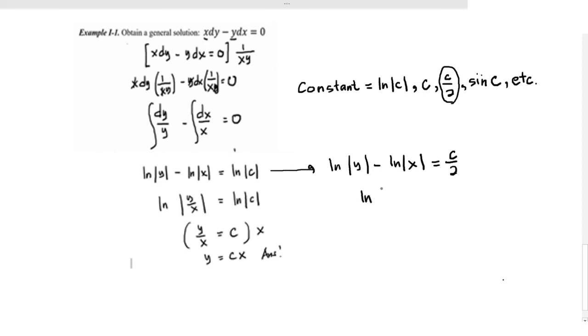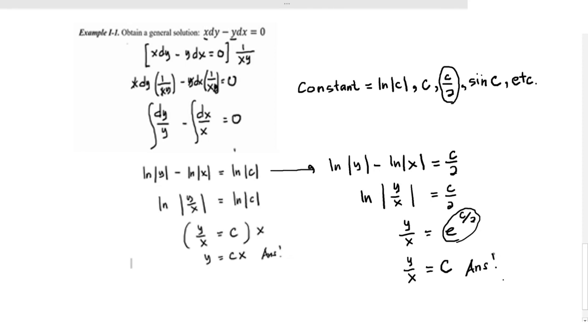We have ln of y over x is equal to c over 2. Then using the ln formula, we have y over x is equal to e raised to c over 2. Then, since this is only a constant, we can use only the letter c, and this is now our answer.